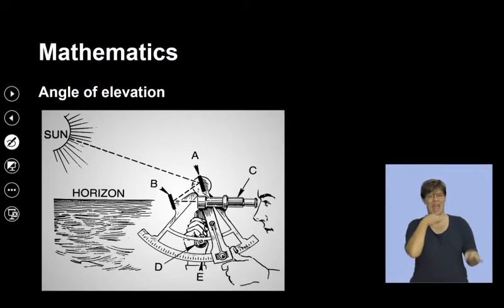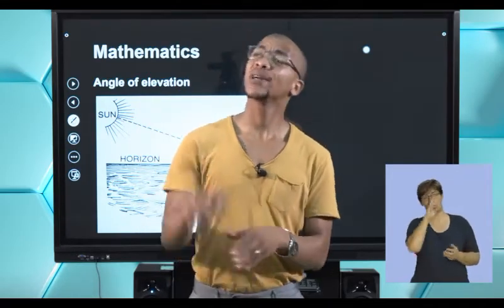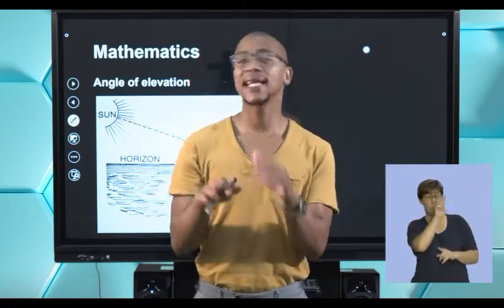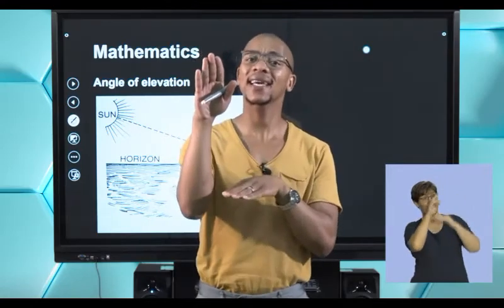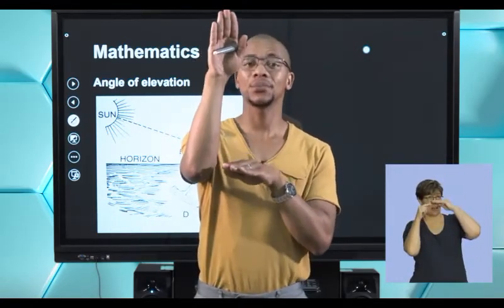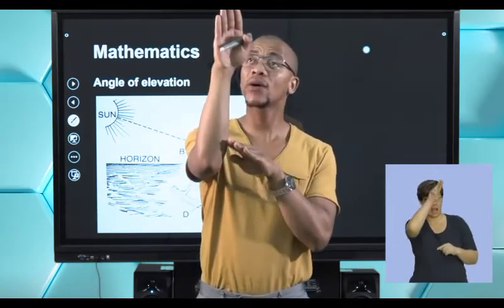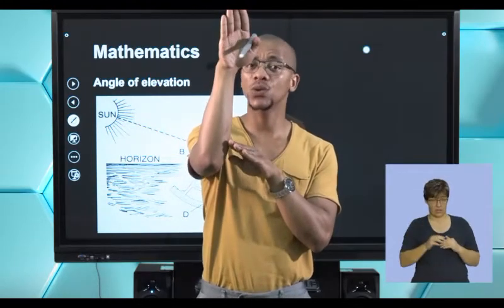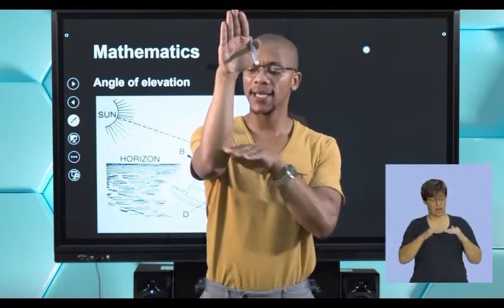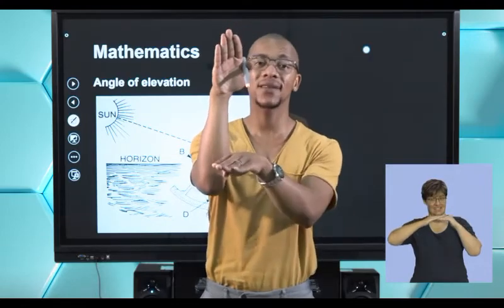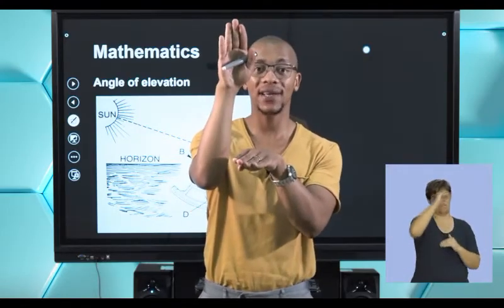Now, if I explain what this is, remember that at times you want to look at the stars, right? And as you're looking at the stars, the line of the ray that you're looking at the stars with, and it is making with the horizontal surface, is called the angle of elevation.